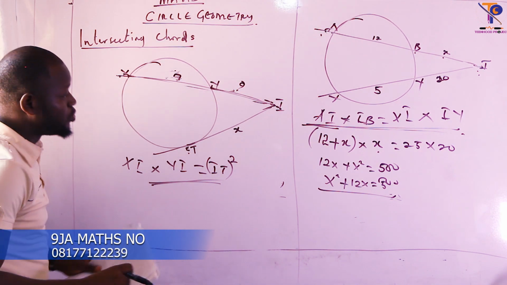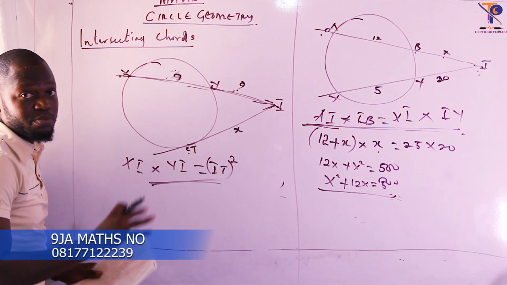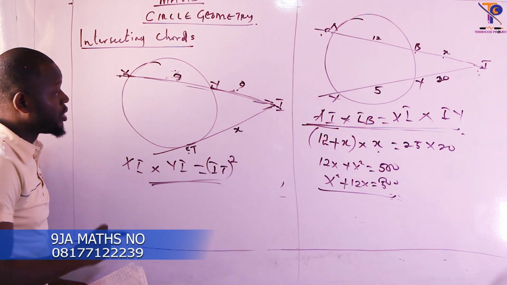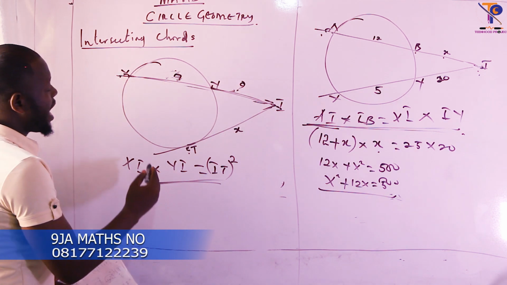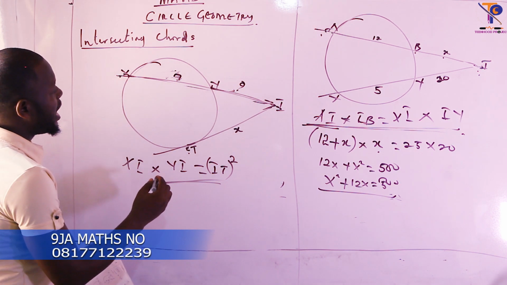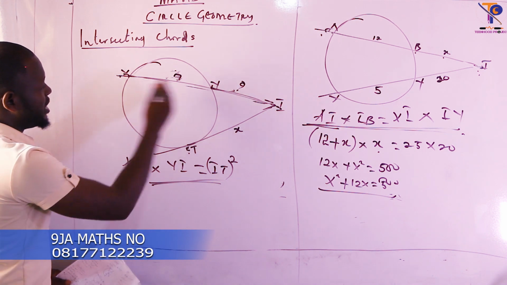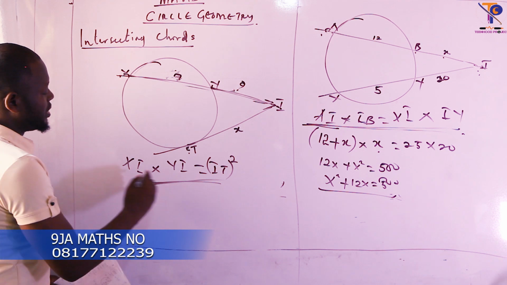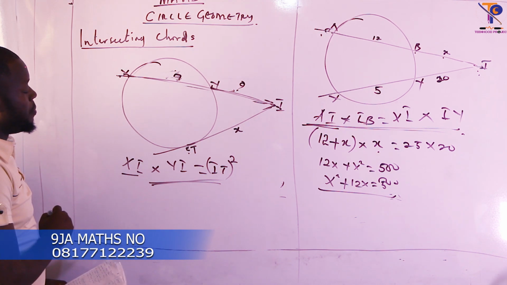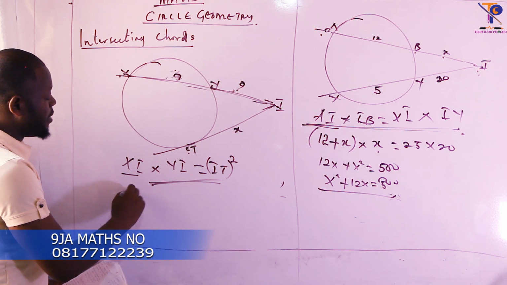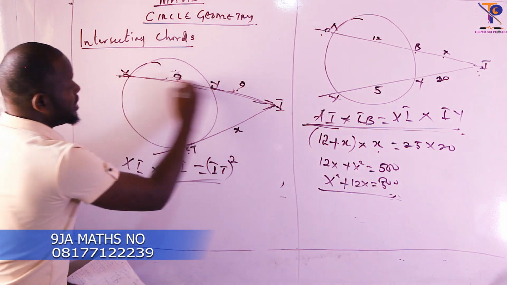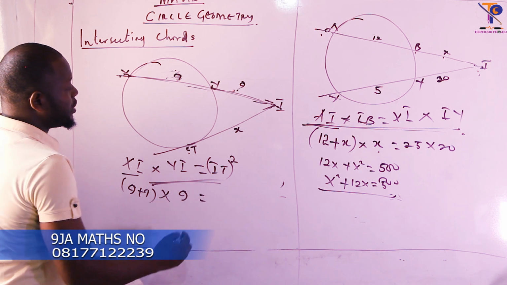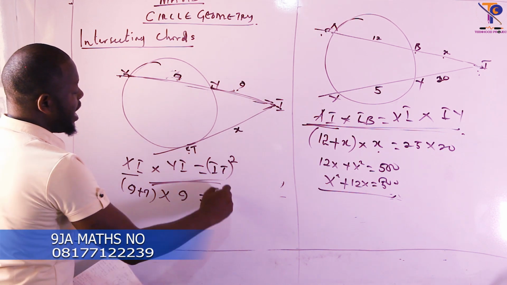I needed something that would help us get a perfect square so that we won't be looking for a calculator. So this one is going to be x and this, that is 9 plus 7, together multiplied by y, that is multiplied by 9, is equal to x squared.